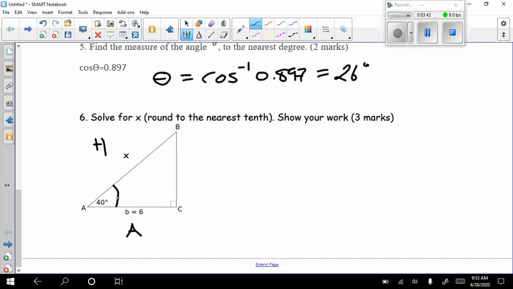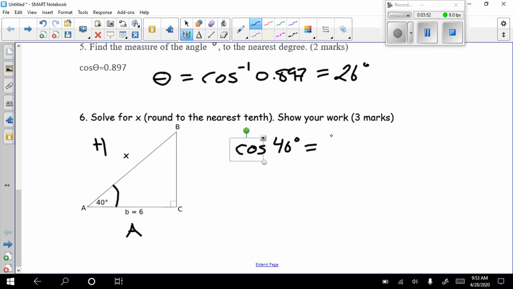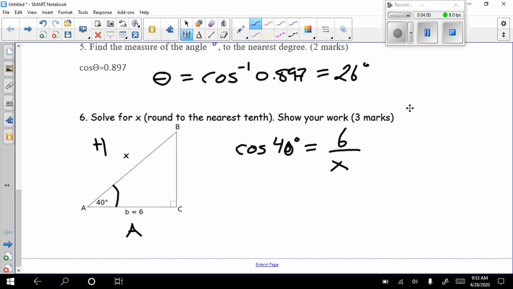So we're dealing with A and H, so we need cos. So we would say cos of 40 degrees is equal to adjacent over hypotenuse, and so it's 6 over x, okay? And now we've got to get x by itself.